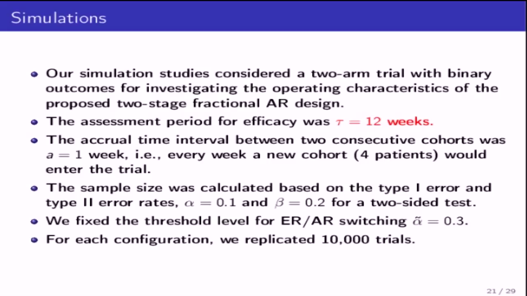The cohort time interval between every 2 consecutive cohorts is 1 week. That means every week a new cohort of 4 patients enters the trial. The sample size was calculated based on type 1 and type 2 error rates. We fixed the threshold level for ER and AR switching, alpha tilde, at 0.3, and we replicated 10,000 trials.